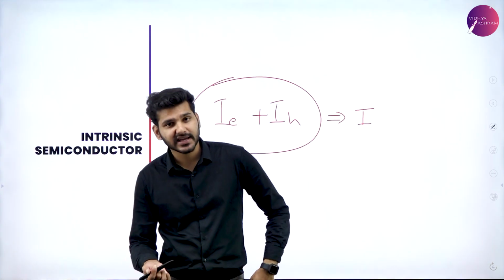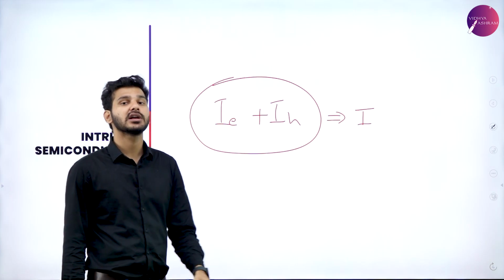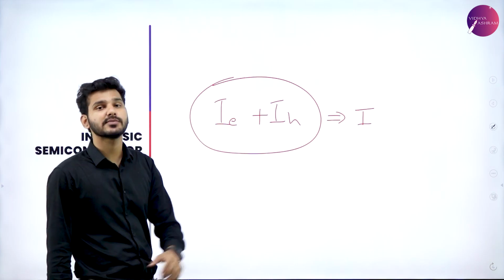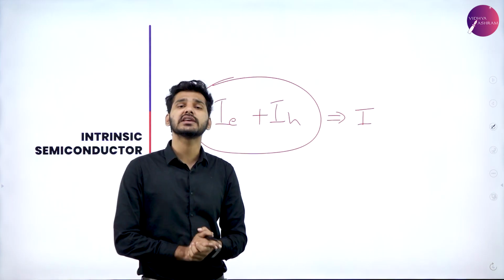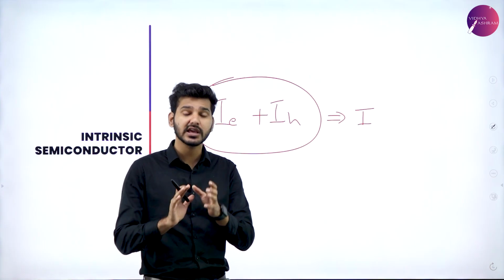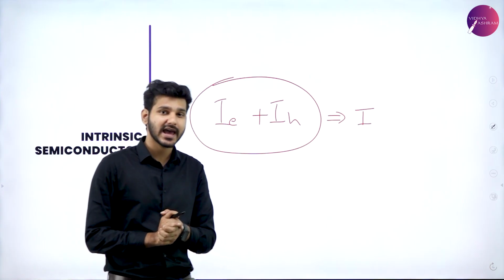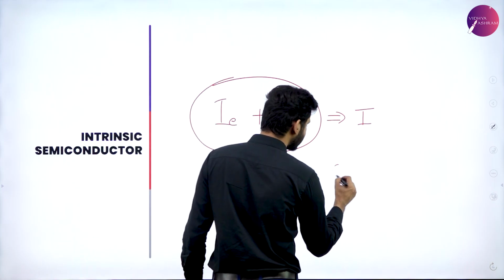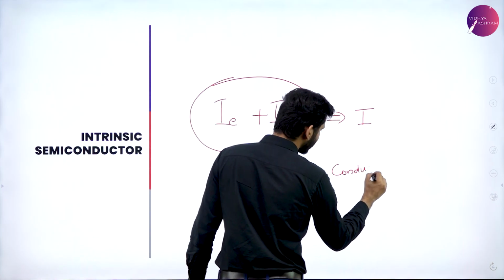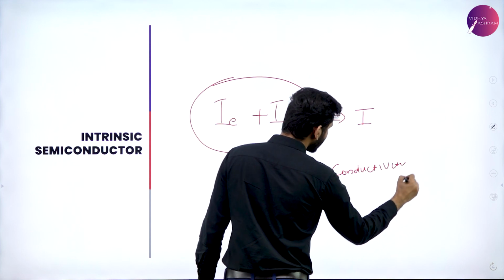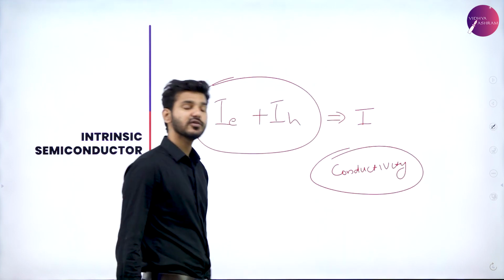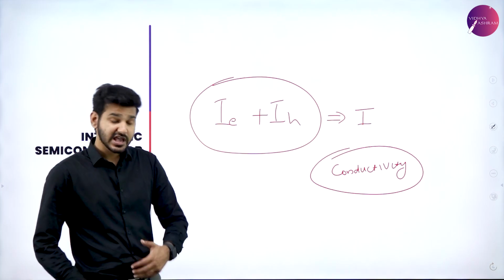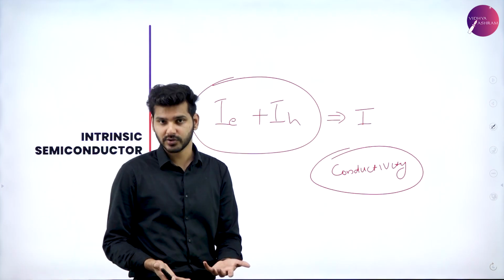And you have to understand that this intrinsic semiconductor has no impurities in it, it is absolutely pure, which means that in terms of conductivity, thermal energy influences the intrinsic semiconductor. If you give it more heat, more current will be produced.